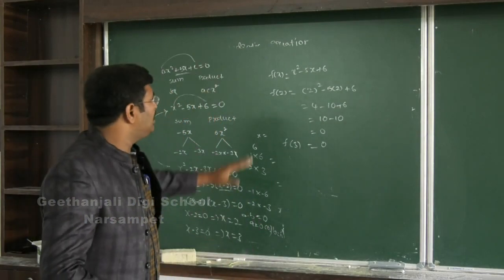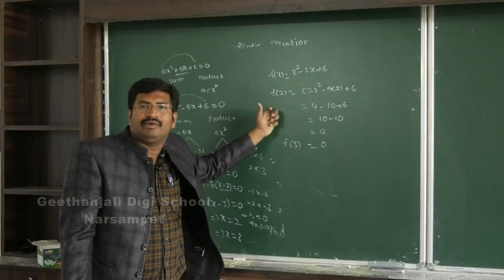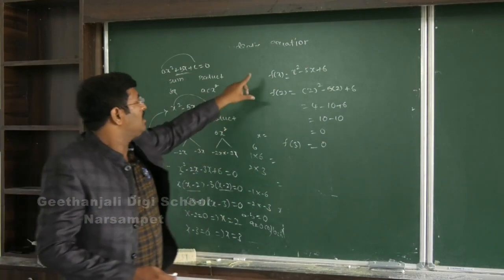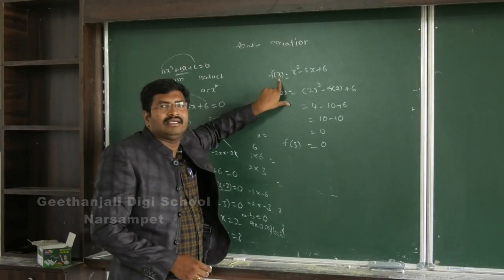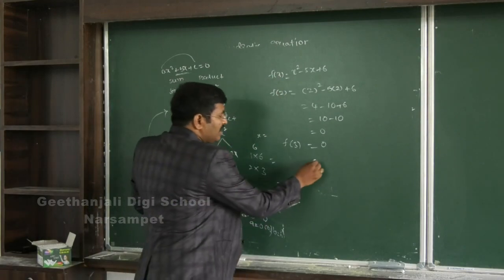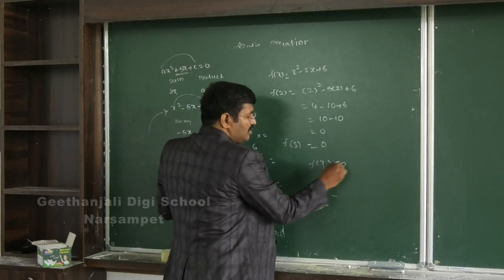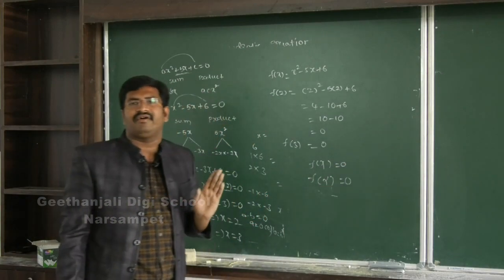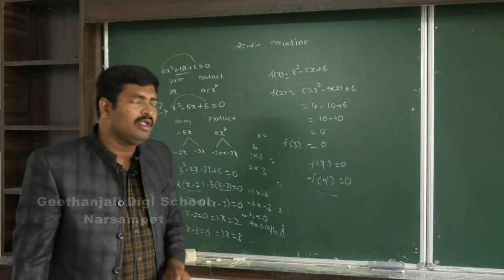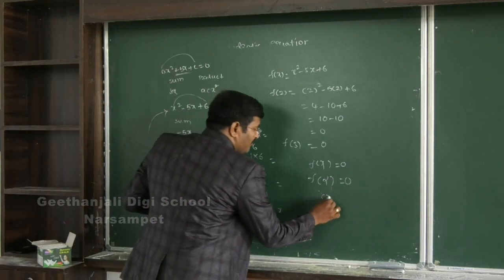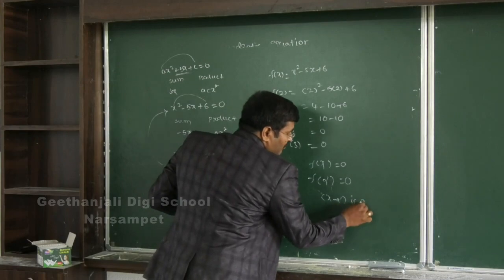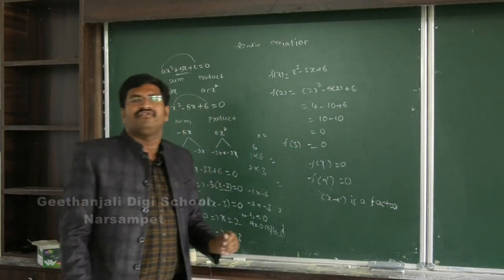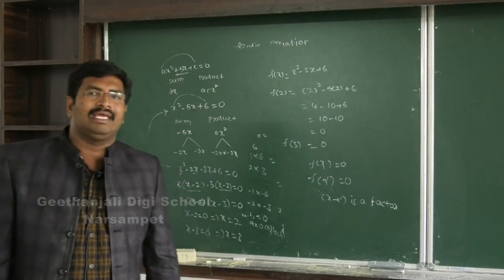This we can also do by the trial and error method. In the factor theorem you get the trial and error method. That means, for example, for any quadratic equation f of x is equal to 0, if any alpha satisfies the quadratic equation, f of alpha is equal to 0, then x minus alpha is a factor of the quadratic equation.